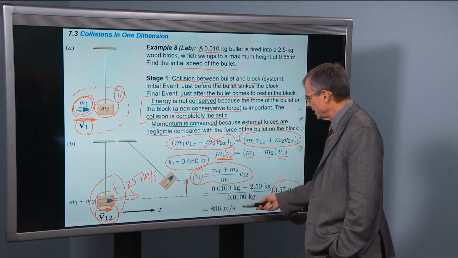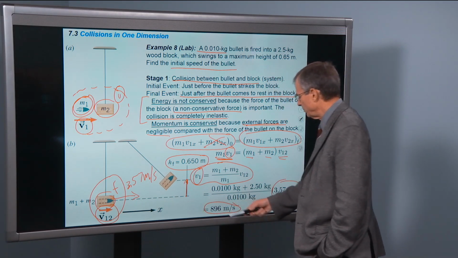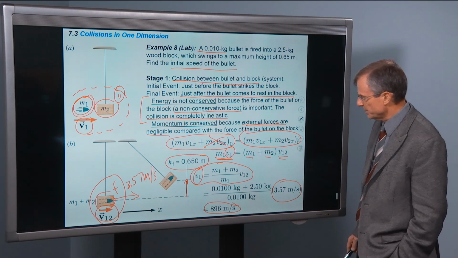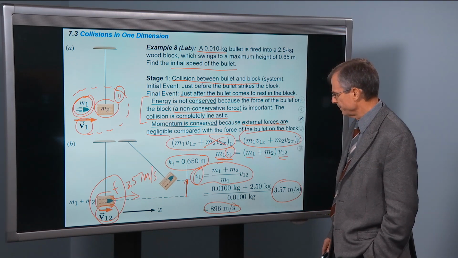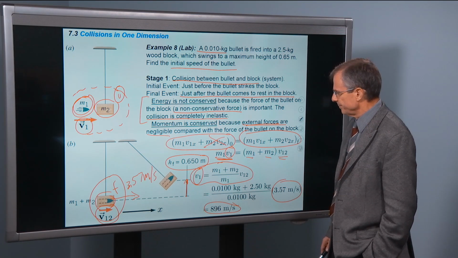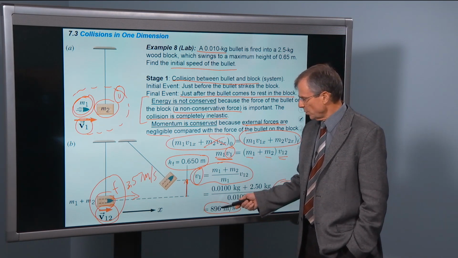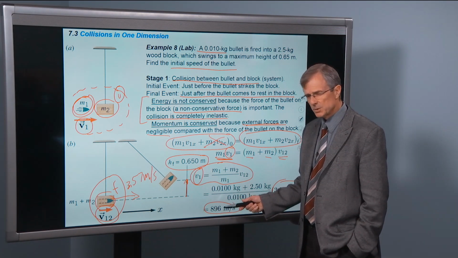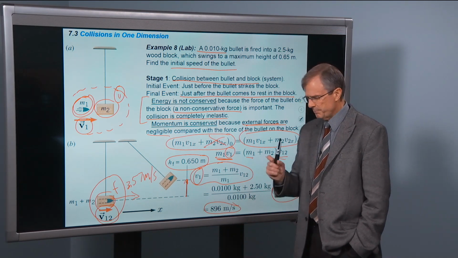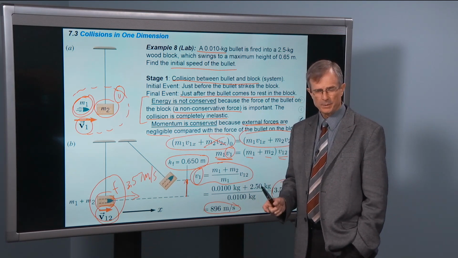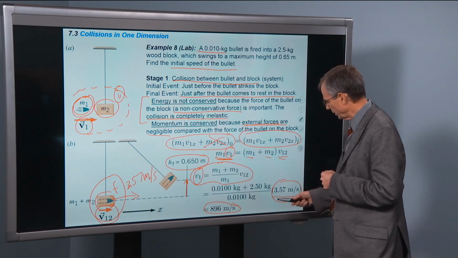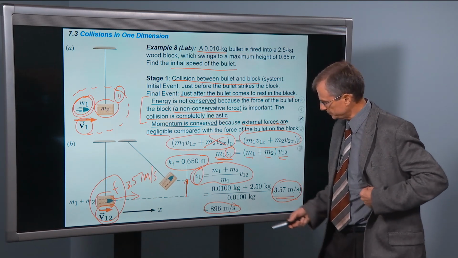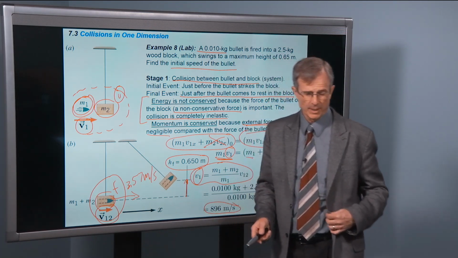Plug the numbers in, and we get that the bullet speed was 896 meters per second, which is a pretty good size speed. The reason that velocity is so big is that the mass of the bullet is small compared to the mass of the block. So in order to get the block and the bullet moving at this speed, that bullet has to be coming at a really high rate of speed.